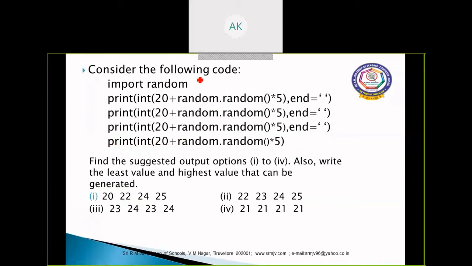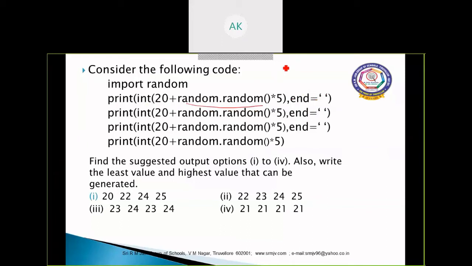Now one more problem we have. Import random, print int of 20 plus random.random() times 5 and n equal to space. That is, the second parameter we are giving is a space here. So what does this function do?